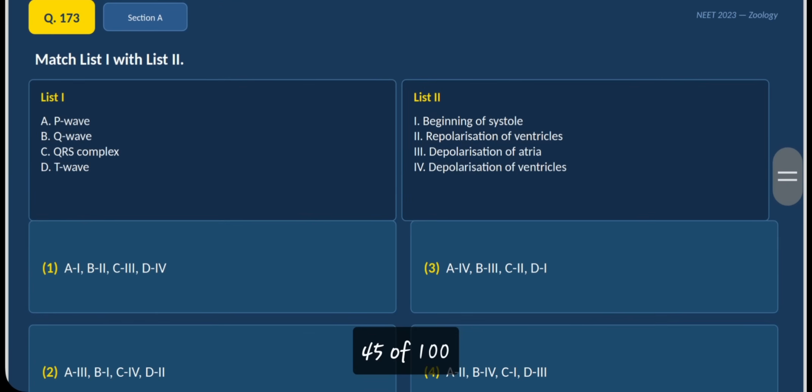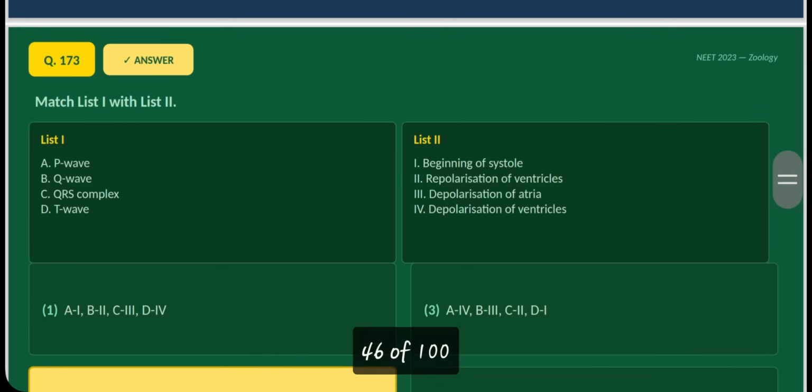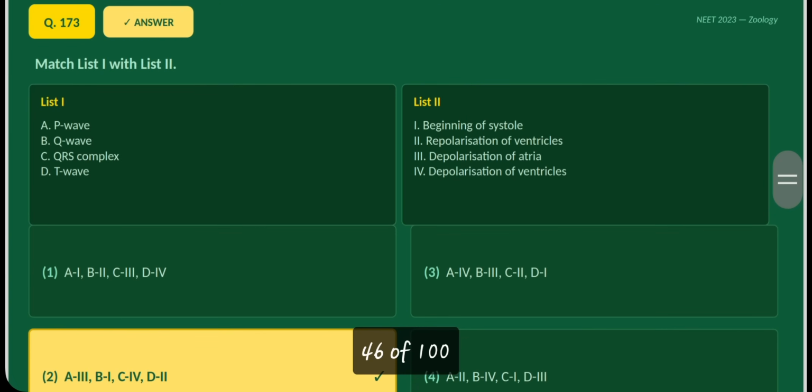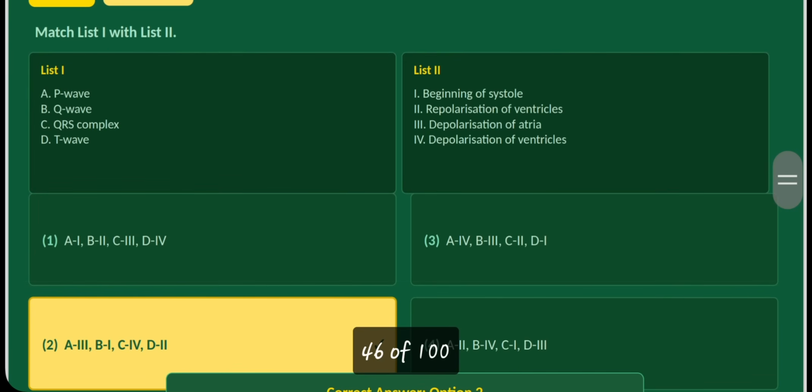The next question is match the following again. It is from the ECG. P wave, Q wave, QRS complex, and T wave. So we have to match them correctly. The correct answer is P wave results in depolarization of atria. Q wave, beginning of systole. QRS complex, that is C is 4, depolarization of ventricles, and T wave is repolarization of ventricles.